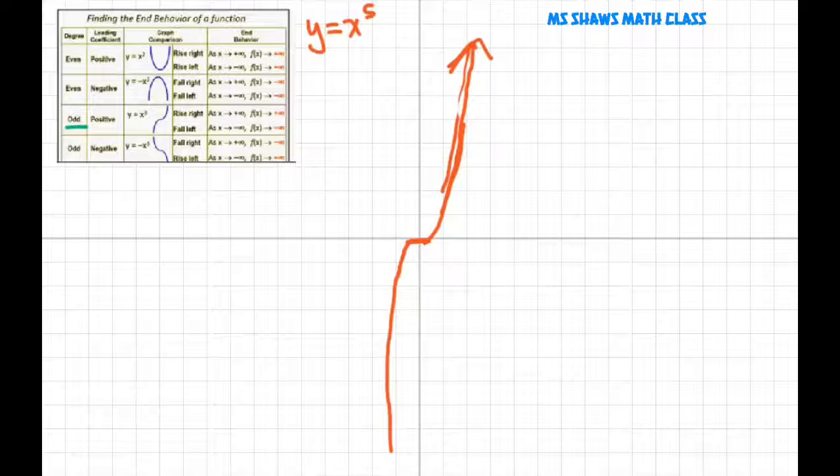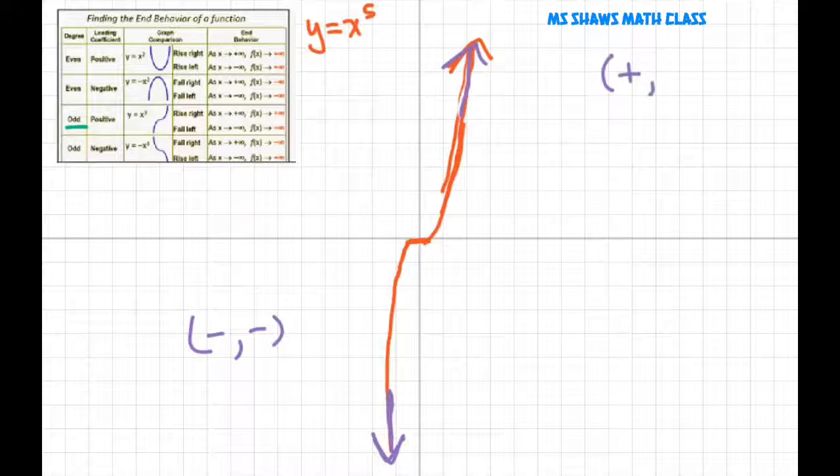So our end behavior, if you're graphing from left to right, we're starting in quadrant 3, which is negative, negative, and we're ending in quadrant 1, which is positive, positive. And that's why you get this right here.